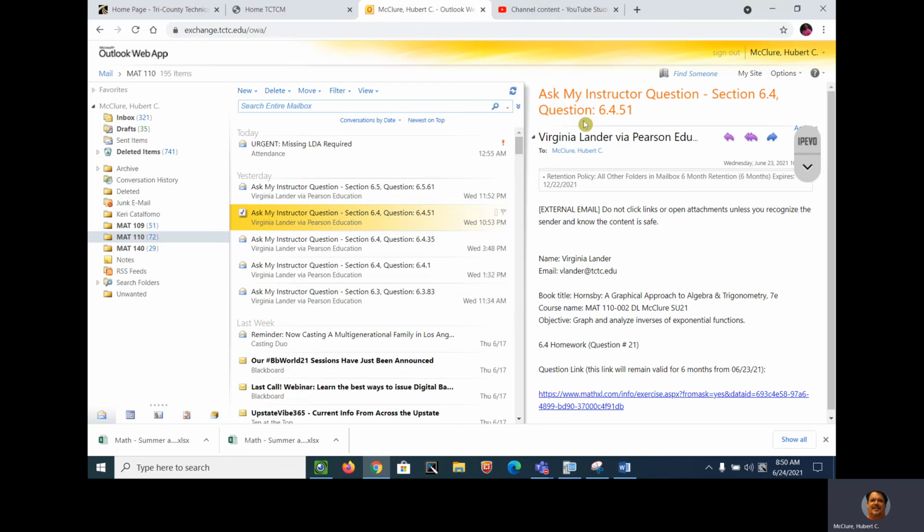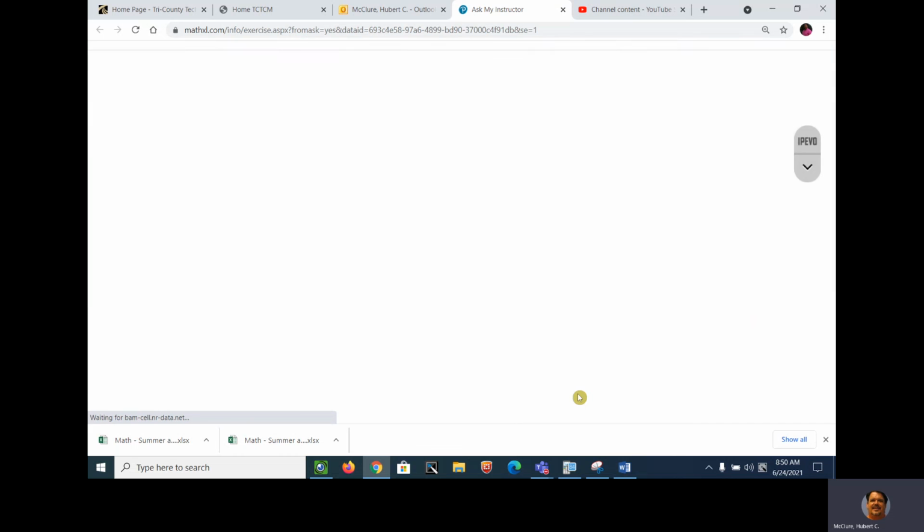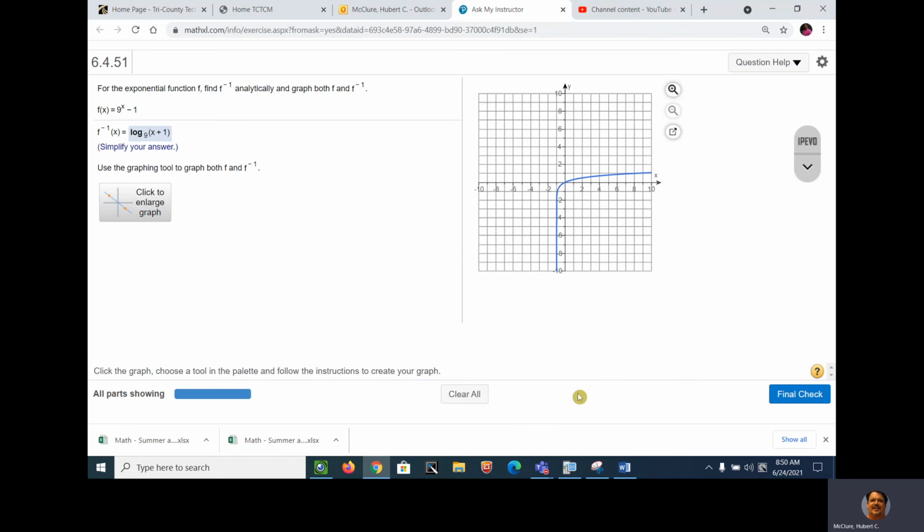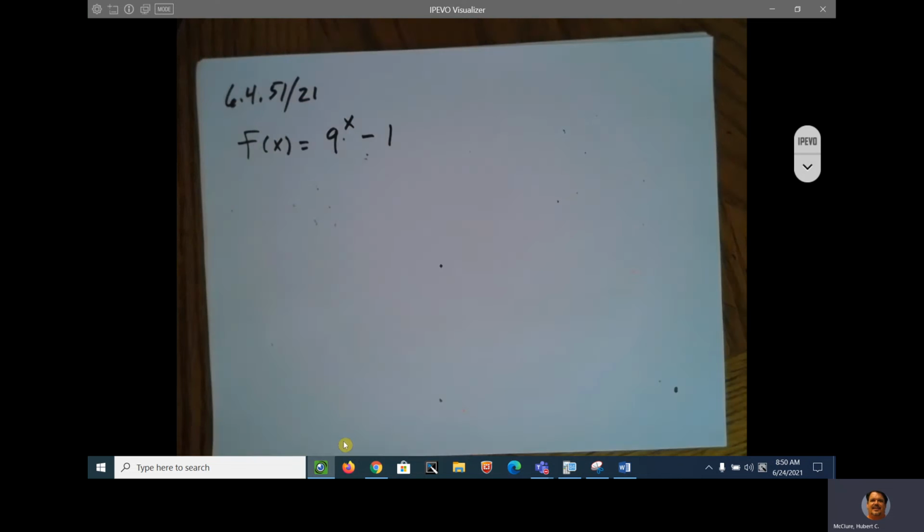And this one says f of x is equal to 9 to the x minus 1, and they're going to probably ask you to find the inverse. So we'll do that on the sheet here.